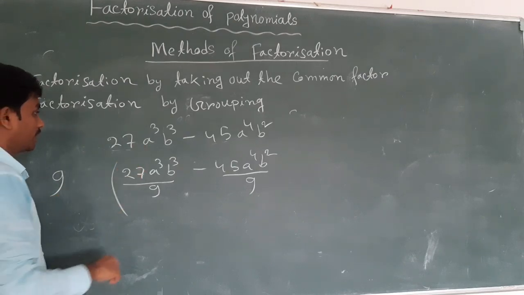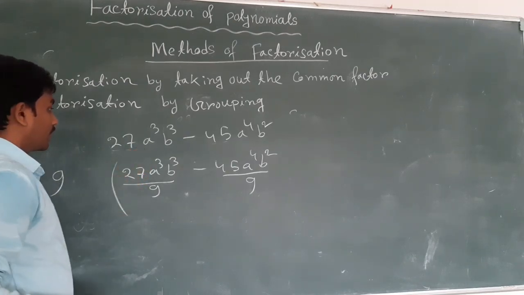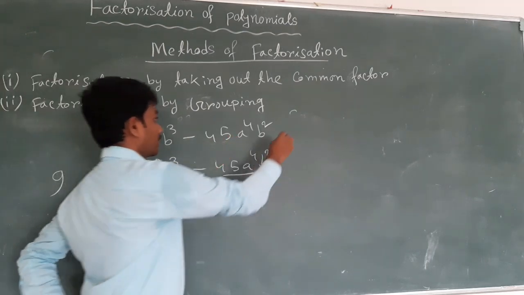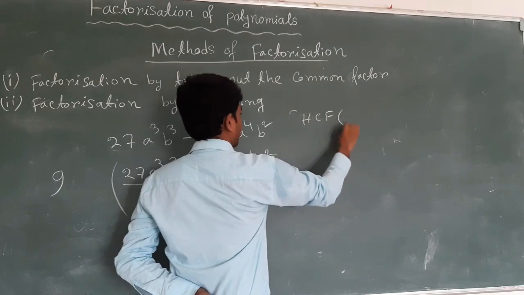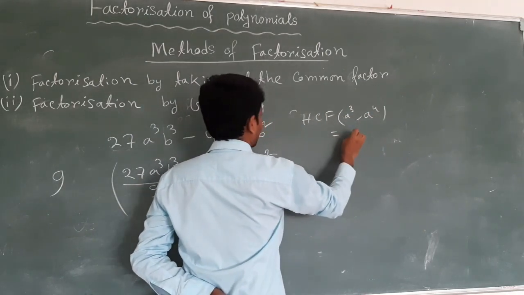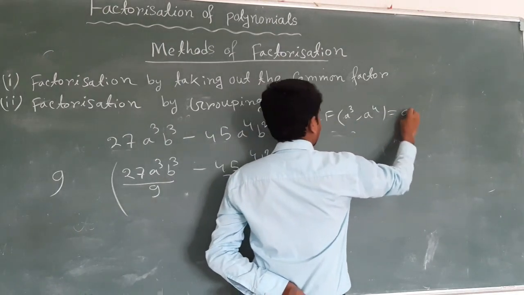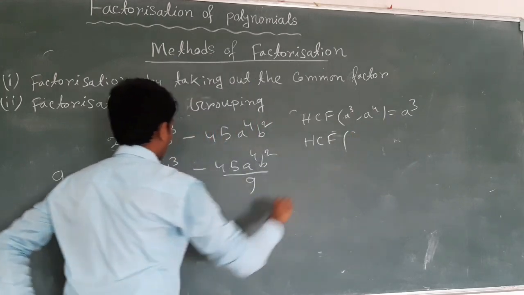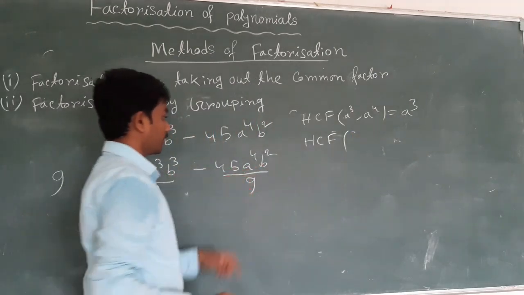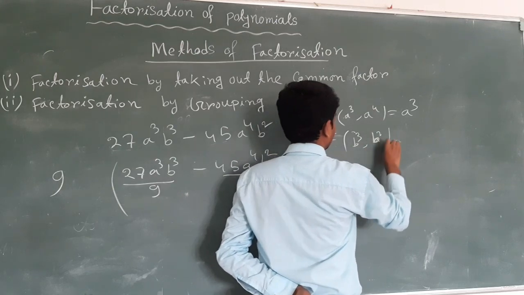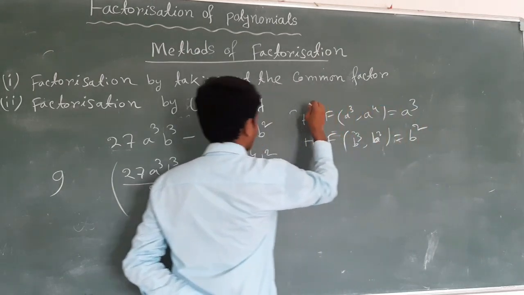Next we see that the highest common factor of a cube and a to the power 4 is a cube, and the highest common factor of b cube and b square is b square.